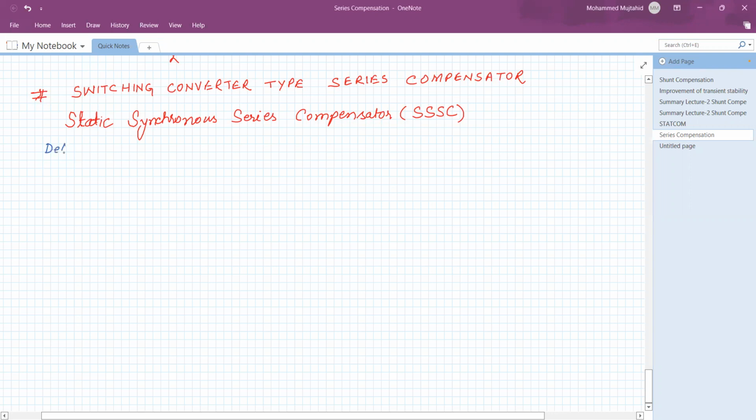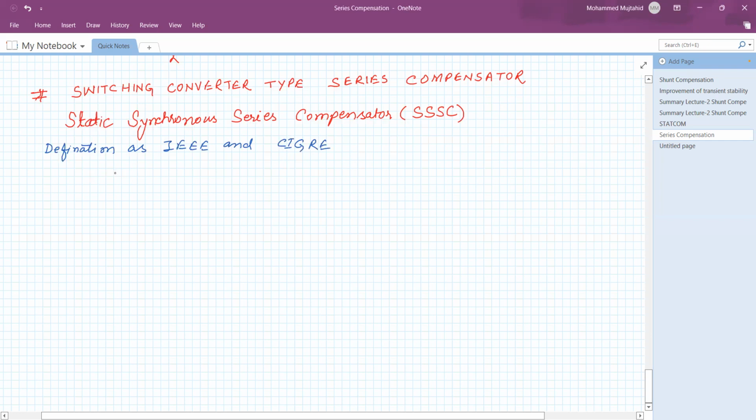IEEE and CIGRE. IEEE is the Institute of Electrical and Electronics Engineers, whereas the English name of CIGRE is the International Council on Large Electric Systems.